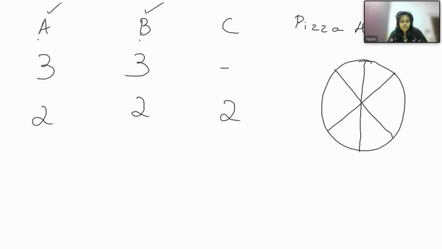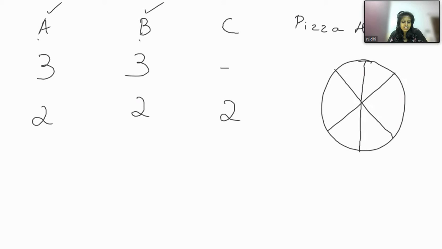So before C came along, in what ratio were A and B sharing the profits? They were sharing the profits as well as the pizza equally, which is nothing but 1:1.